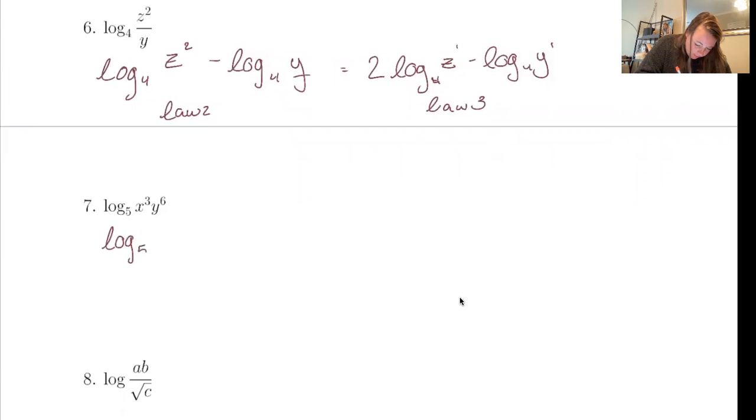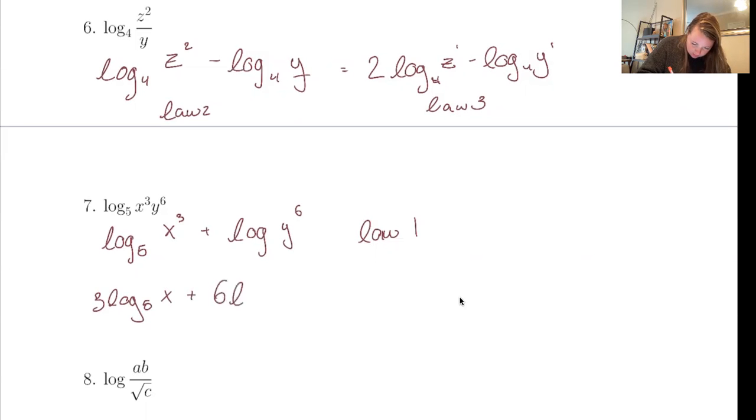So log base 5 of x cubed plus log base 5 of y, and that was using law 1. And then the exponents are going to come down. So it's going to be 3 log base 5 of x plus 6 log base 5 of y. And that was law 3.